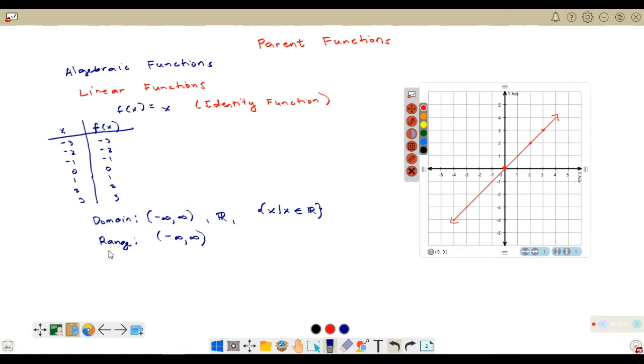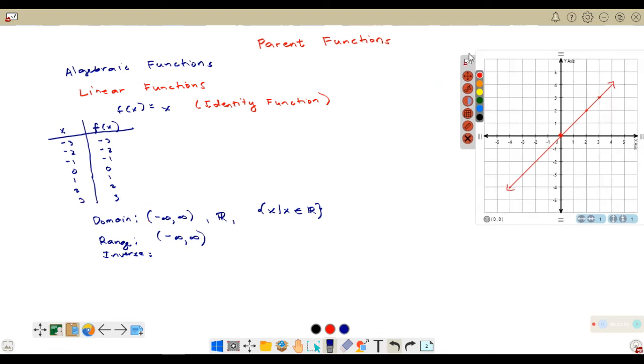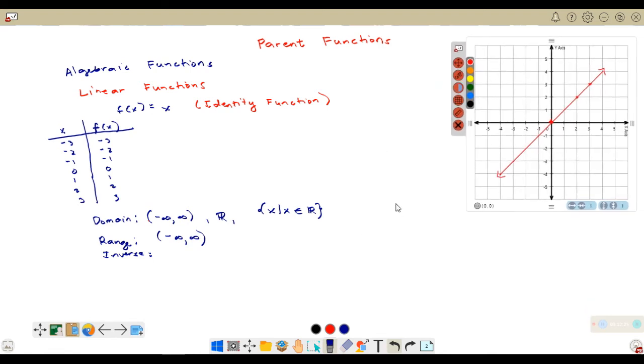Ay, meron pa pala. Mag-inverse muna tayo. What is the inverse of this function? If you still remember, when looking for the inverse, all you have to do is to write it using the variable y in place of f of x. And then after that, interchange y and x, and then solve for the value of y.